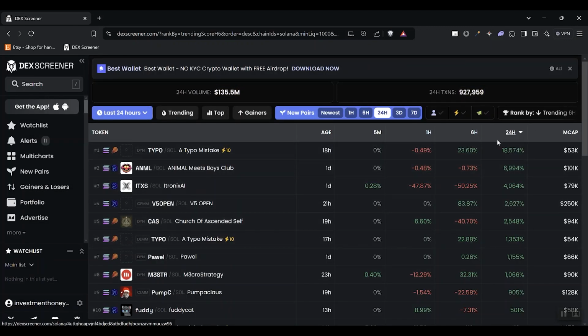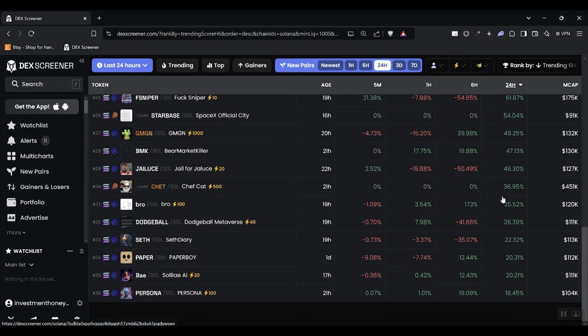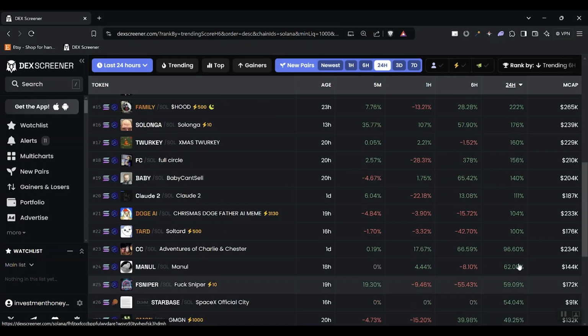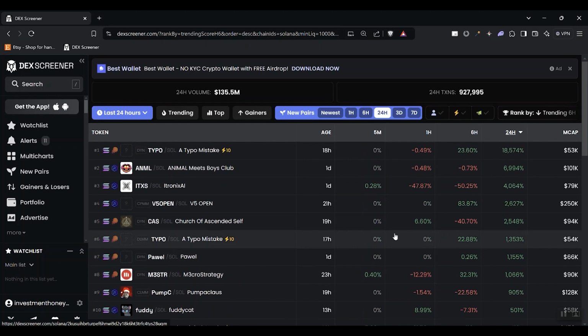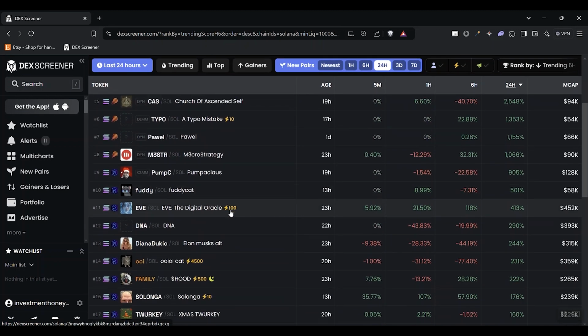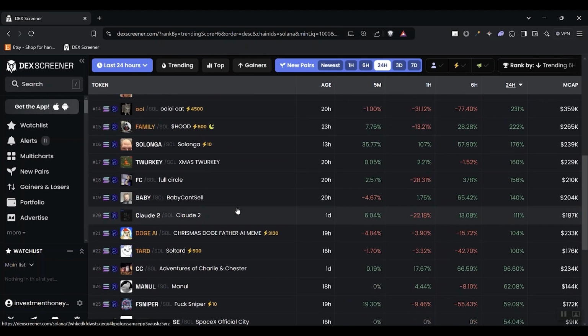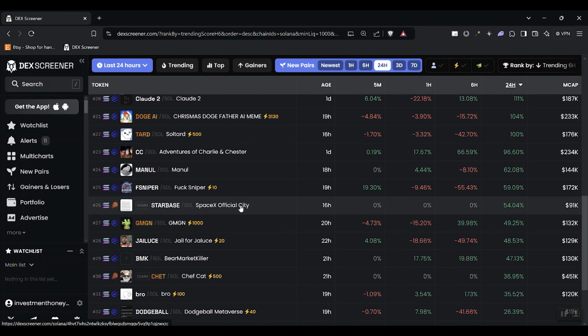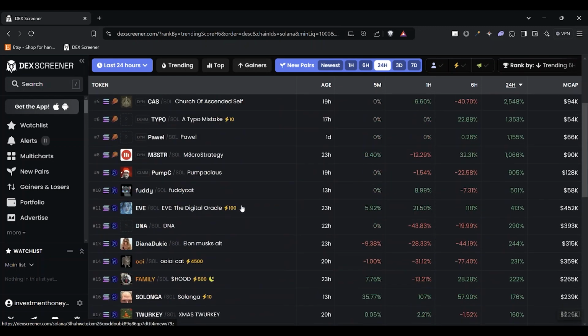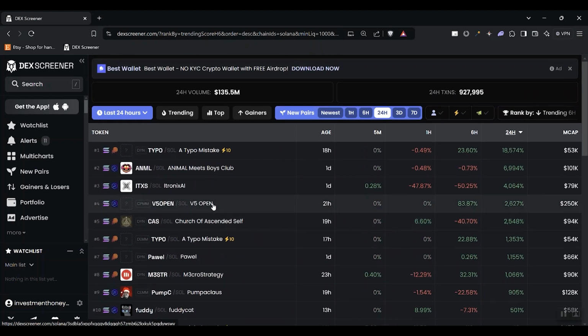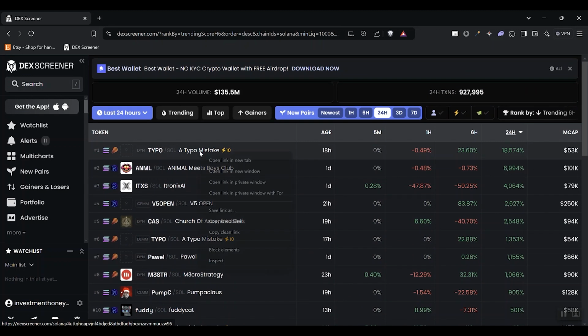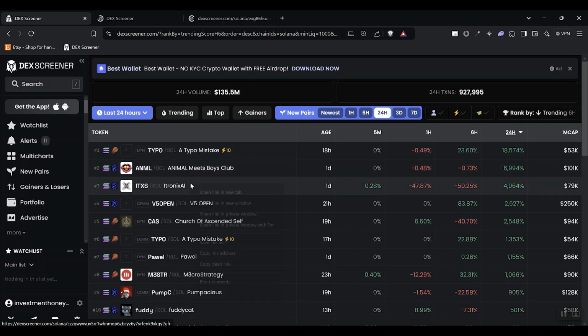And here we go. As always, we've got that 24-hour ticked, so we can see the most volume in the last 24 hours, all the way down to meeting that at least 10%. So we're just scrolling through, seeing what's in here. As always, I'm going to start opening some tokens, and let's see what we got.